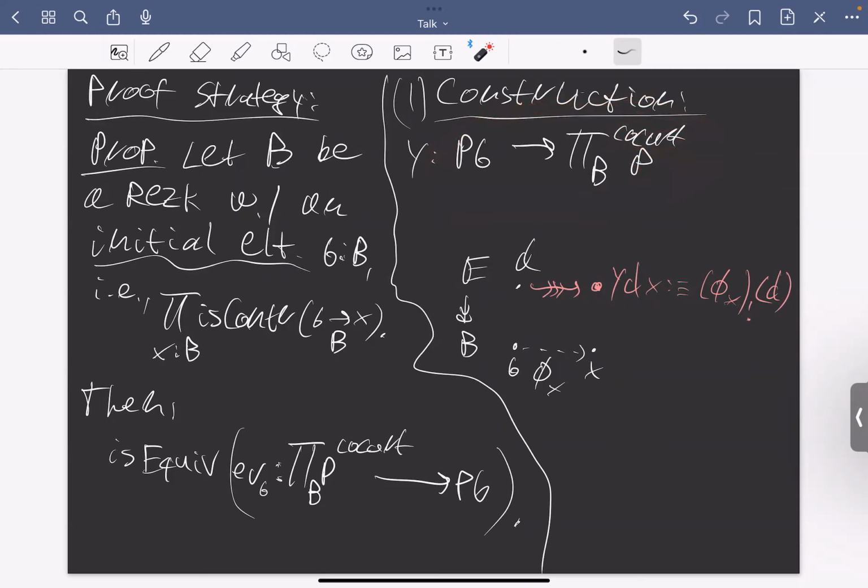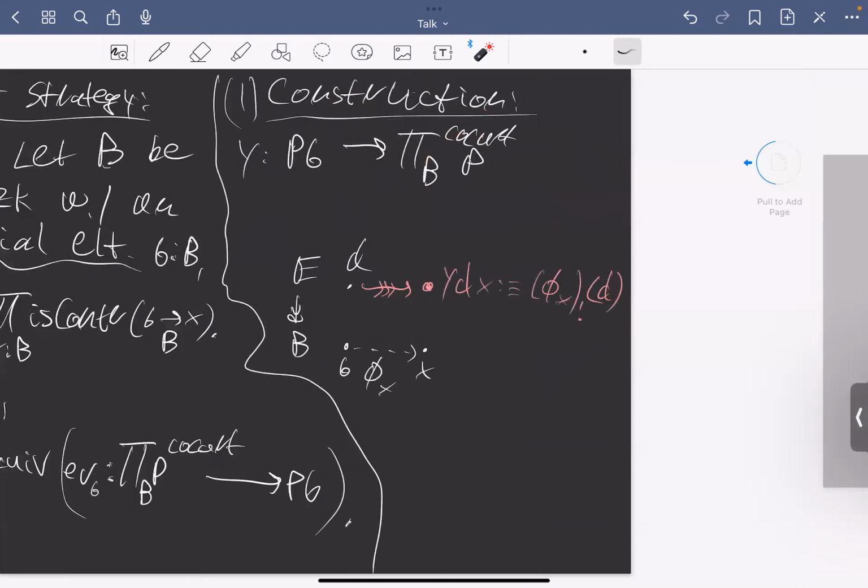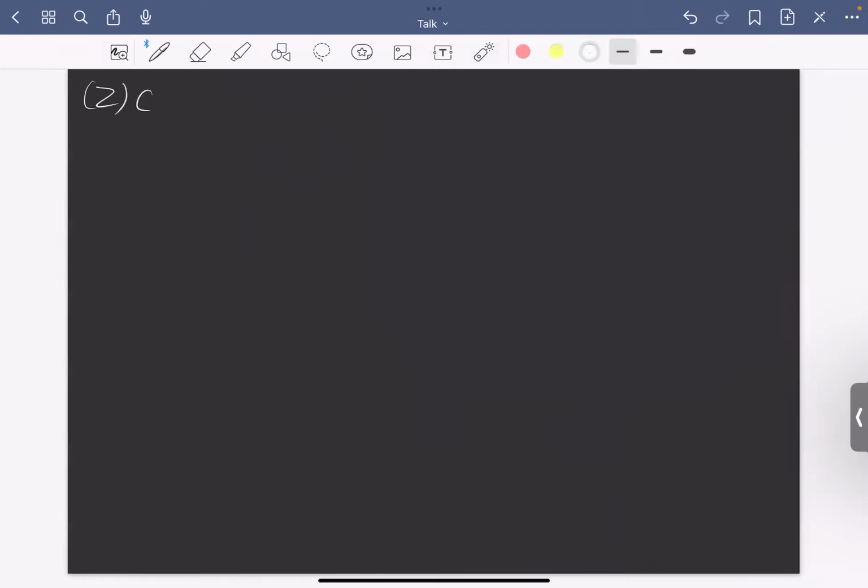So I have to show that this yields a co-Cartesian section. Second is co-Cartesianness. I mean, it's still part of the construction actually, right? Otherwise it wouldn't be well typed. But let's still do it like that. So, show co-Cartesianness.